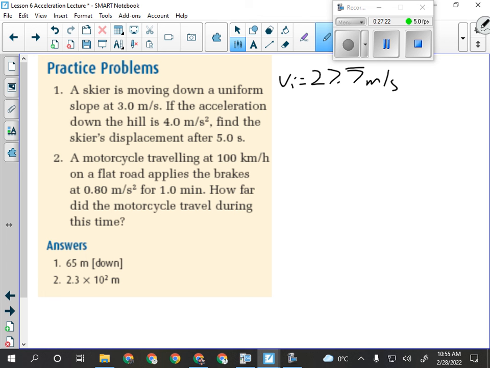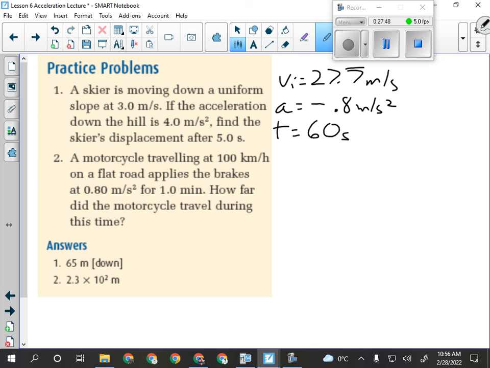It's slowing down. Applying the brakes makes a negative acceleration. See, I was foreshadowing, before when I was talking about how it's really important to make sure you know slow down, speed up. So the acceleration is negative 0.8 meters per second squared, because we're slowing down, and it's going to do that for 1 minute.